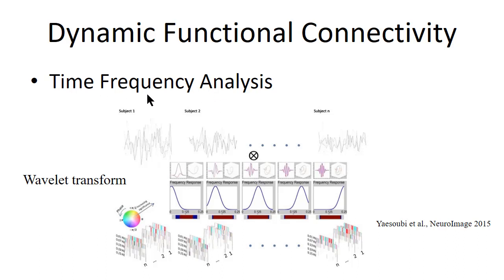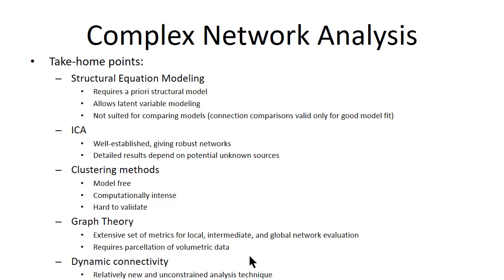Another common method, which is becoming more prevalent, is time frequency analysis, which uses wavelet transforms to break a set of time series data up into time frequency planes where every voxel is represented by a wavelet coefficient. And then you can actually do statistics on these time frequency planes.